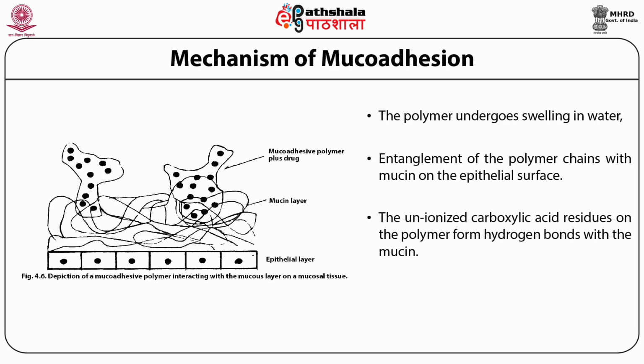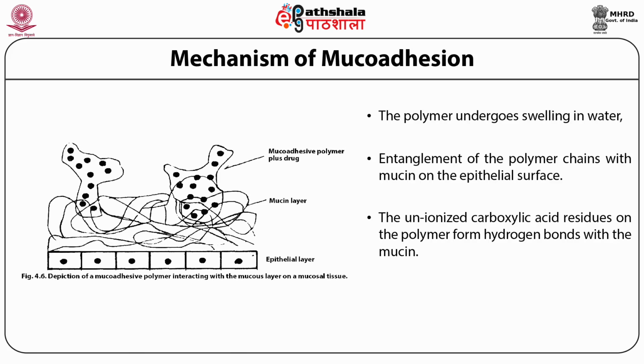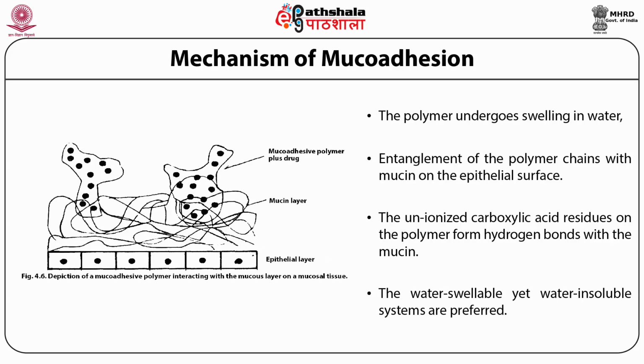The unionized carboxylic acid residues on the polymer form hydrogen bonds with the mucin and help in proper, close, intimate contact with prolonged retention onto the biological surface. In case of ocular drug delivery, polymers which are water soluble yet water insoluble systems are preferred.